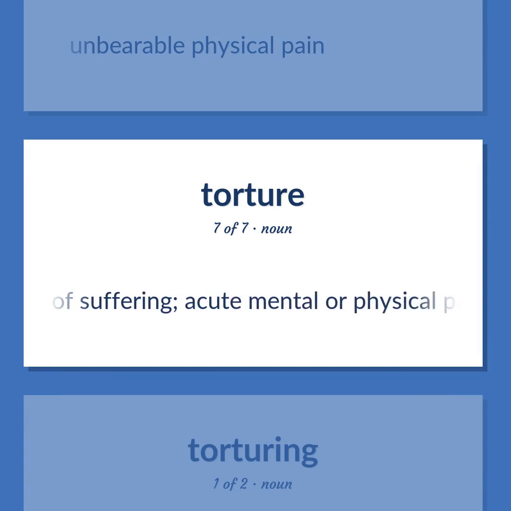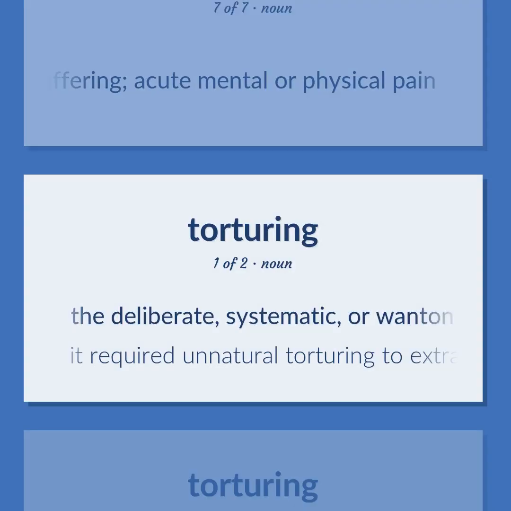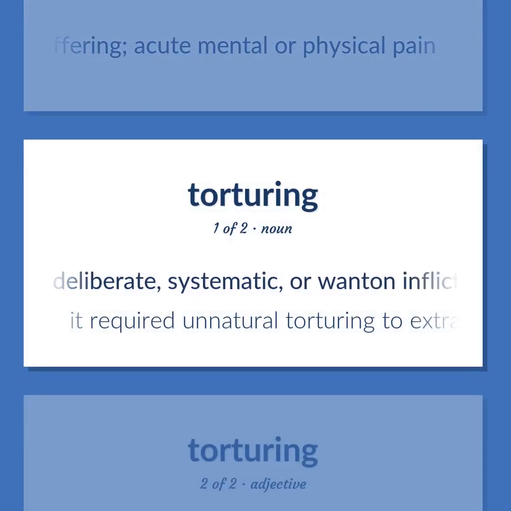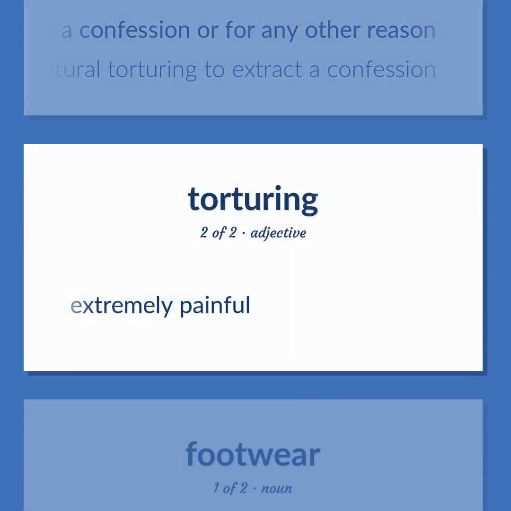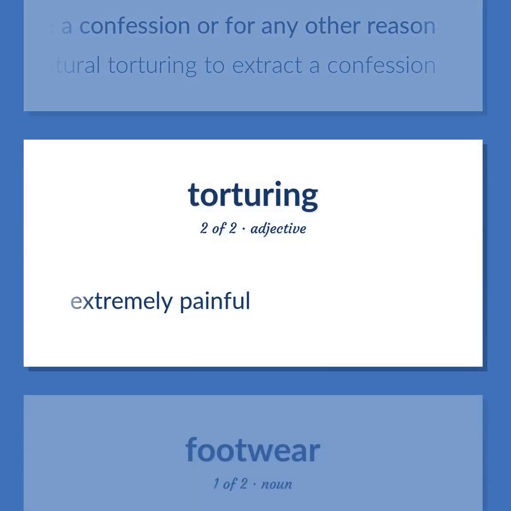Acute mental or physical pain. The deliberate, systematic, or wanton infliction of physical or mental suffering by one or more persons in an attempt to force another person to yield information or to make a confession or for any other reason. It required unnatural torturing to extract a confession. Extremely painful.